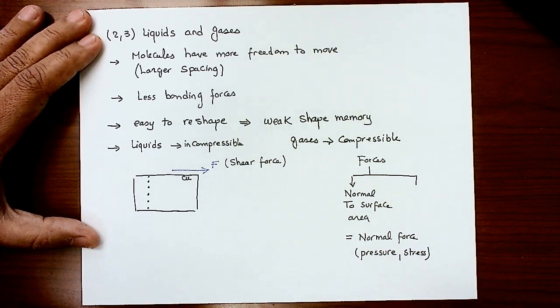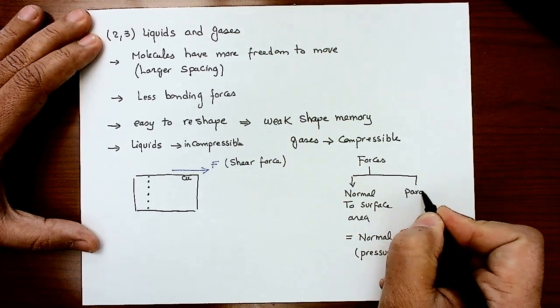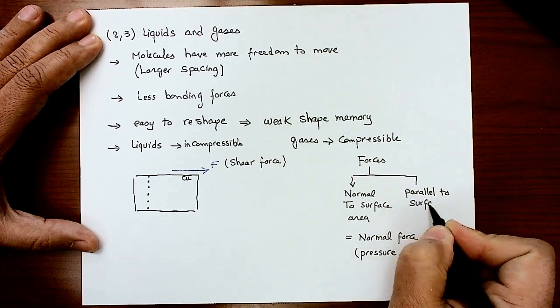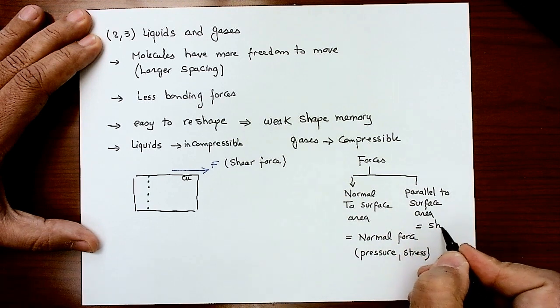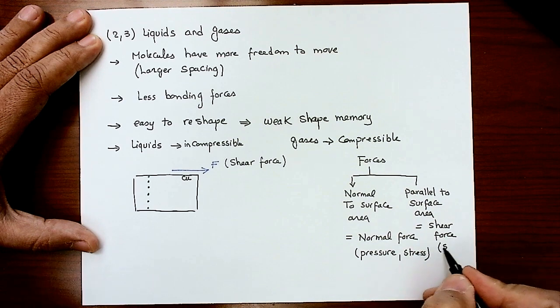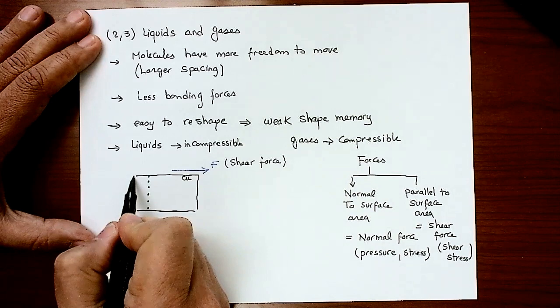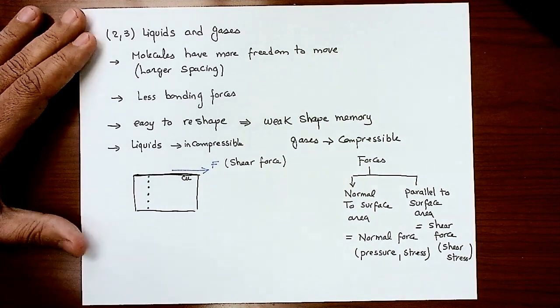The second category of forces is forces that are parallel to the surface area, and we call that the shear force. And this can cause what we call the shear stress. So this force is applied parallel to the surface area here. That's why we call that shear stress.